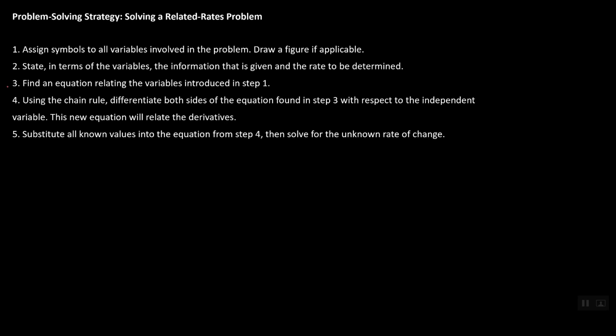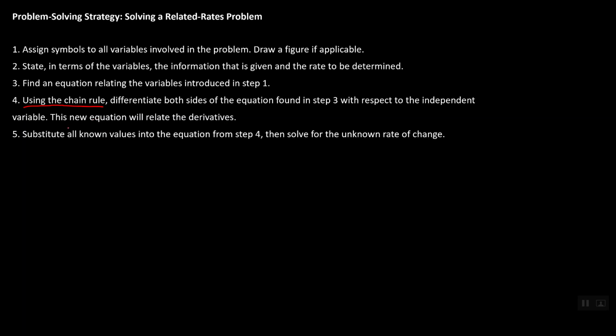Step 3, we're going to find an equation that relates the variables from step 1. Step 4, using the chain rule. This is super important. If you forget the chain rule part, you will be lost. So using the chain rule, we'll differentiate both sides of the equation with respect to the independent variable.